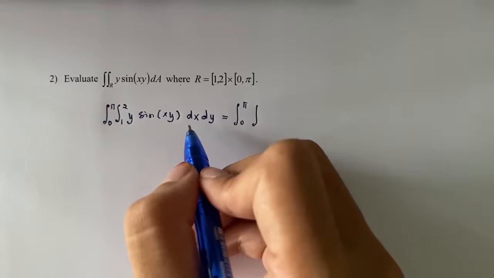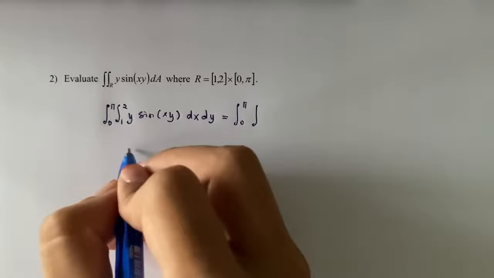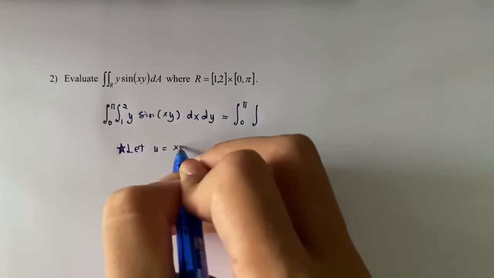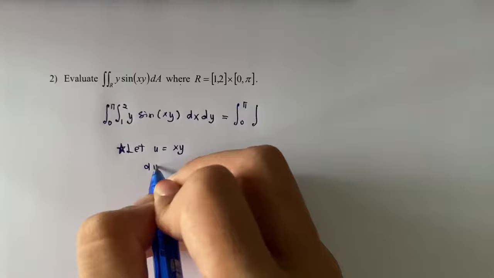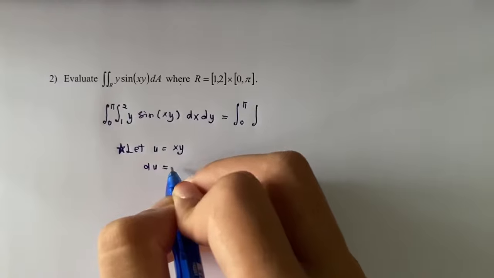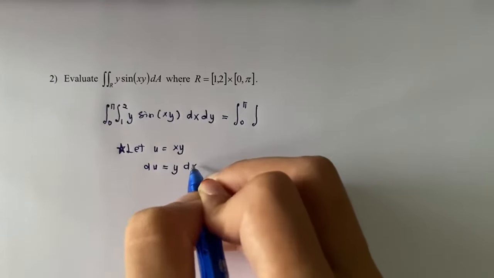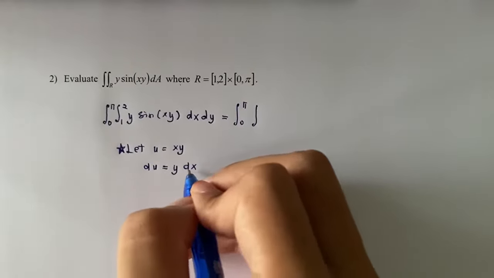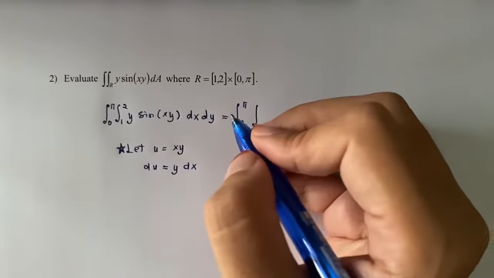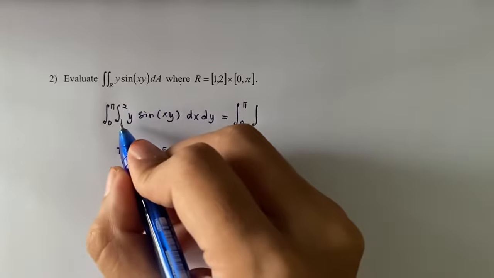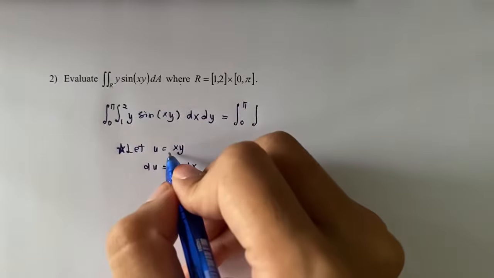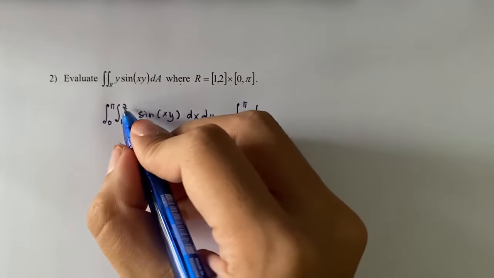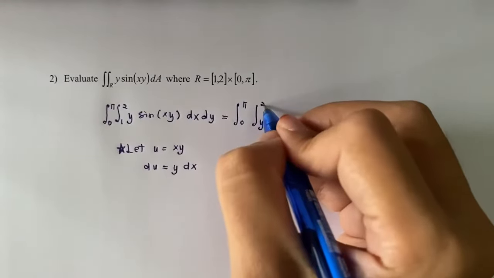you need to use substitution. We let u equal to xy. So du is equal to y dx, differentiating xy with respect to x. For the substitution, when x equals 1, u is equal to y, and when x equals 2, u is 2y.